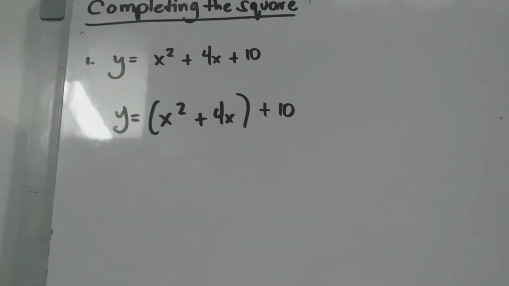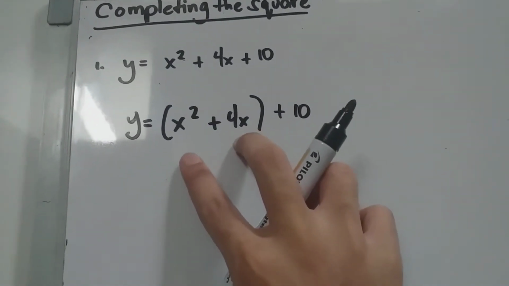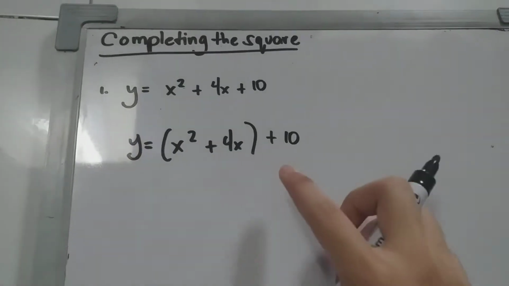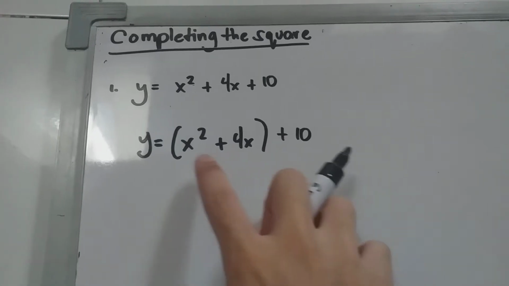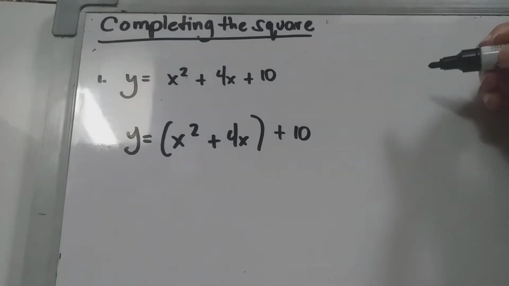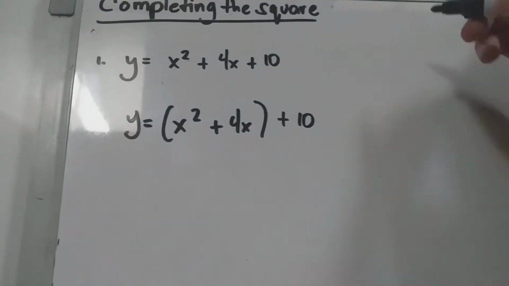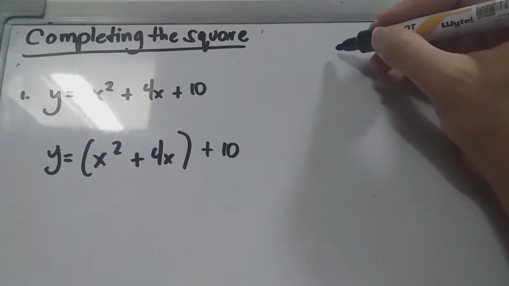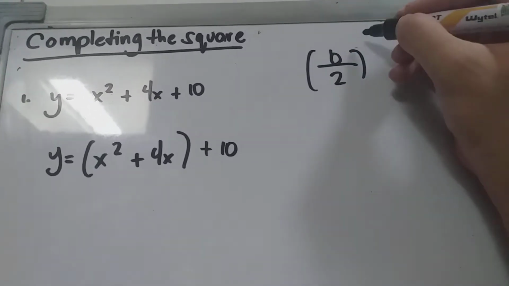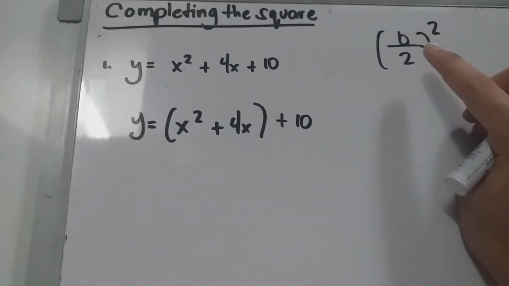Okay, so after that, we find the new constant. So we have to complete this and make this a perfect square trinomial. So in order to do that, we again do the coefficient of x over 2 squared. So in this case, we're going to do b over 2 squared. b is the coefficient of x, which is the number beside the x.